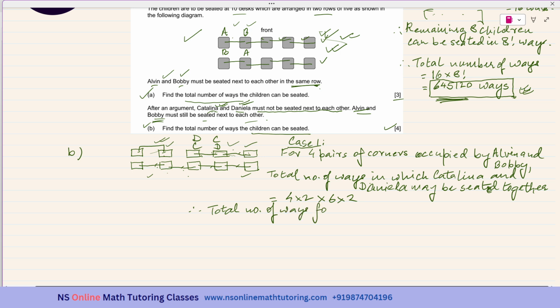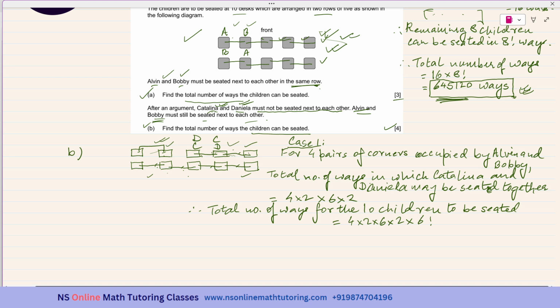For the 10 children to be seated, the total number of ways will be equal to 4 times 2 times 6 times 2, and there are 6 more children remaining, so 6 factorial.